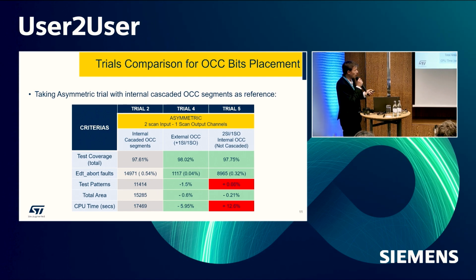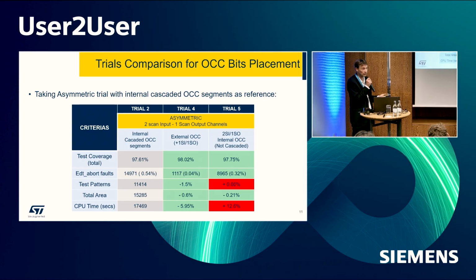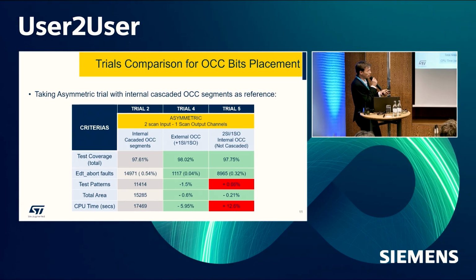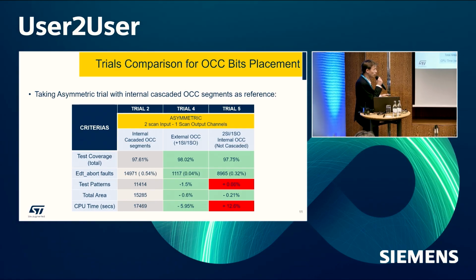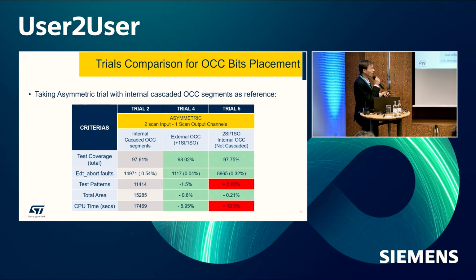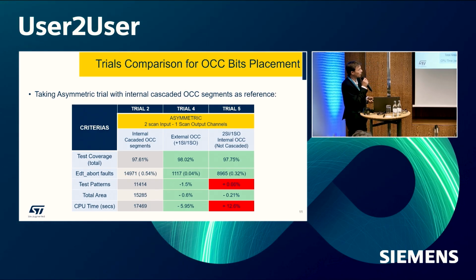Again, on the number of test patterns, there are fewer patterns when having all the OCC care bits in an uncompressed scan chain, a little bit more patterns when they are placed in a compressed scan chain, and still very good results in terms of area reduction. There is a little bit higher runtime in the case of the OCC care bits placed into a dedicated compressed scan chain.